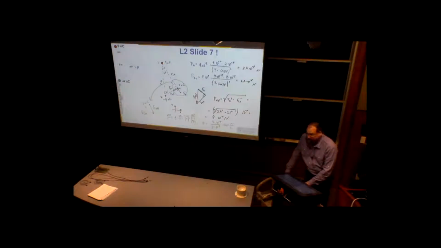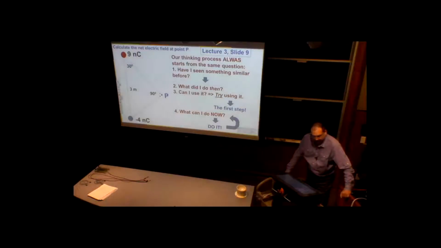Any questions? Yes? Where did the 2 nanocoulombs come from? From lecture 2, slide 7. Go back to the previous slide for a second. Here we have two same charges which generate electric field at point P. At that point P, yesterday, we had a charge of 2 nanocoulombs placed.